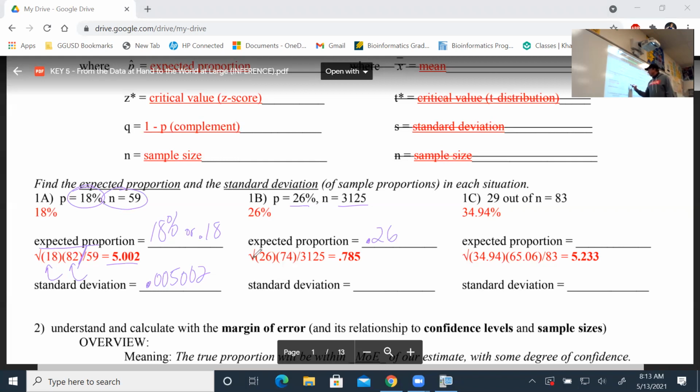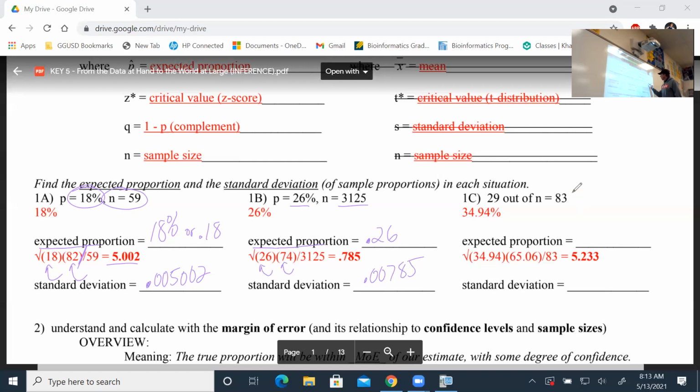Now, this standard deviation, if we did the same study over and over, it would change. This is it again. 26 times 74 divided by 3125, and it comes out 0.785. That's in percentages. If you wanted it in decimals, it'd be 0.00785. So this standard deviation is less than 1%. If you notice, when you crank up the sample size, the standard deviation drops massively.